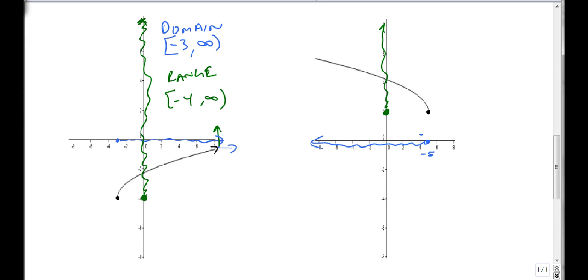But for our domain, notice that we hit the arrow. So that means we go from minus infinity up to minus 5 where we stop. And our range starts at 2 and goes to infinity. So we can very quickly, with a look at the graph, see where our domain and our ranges are.